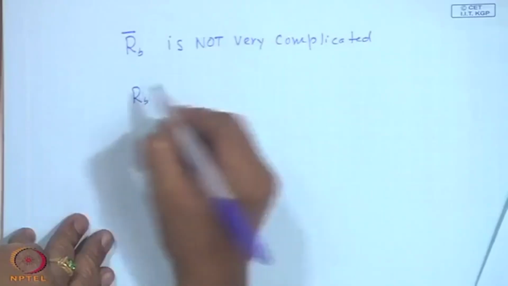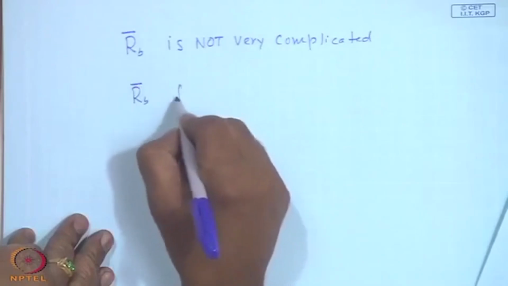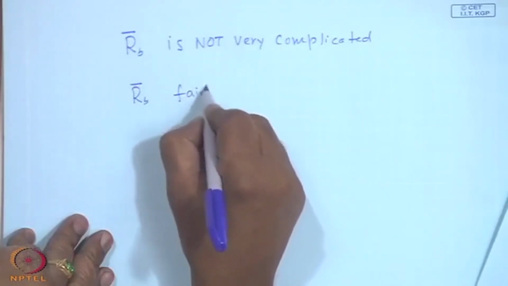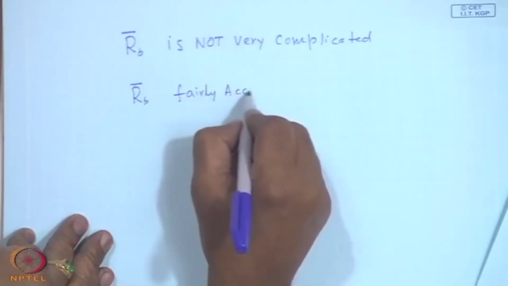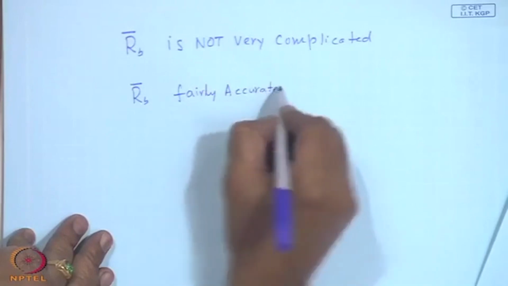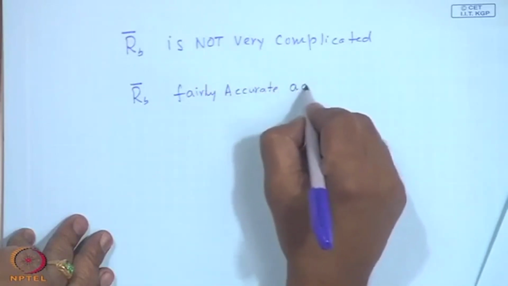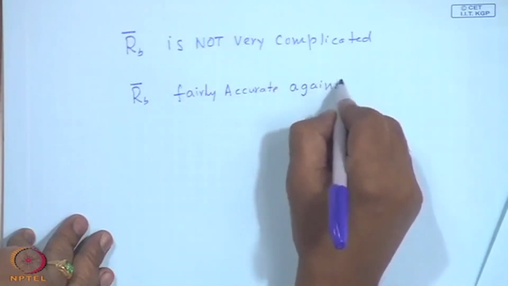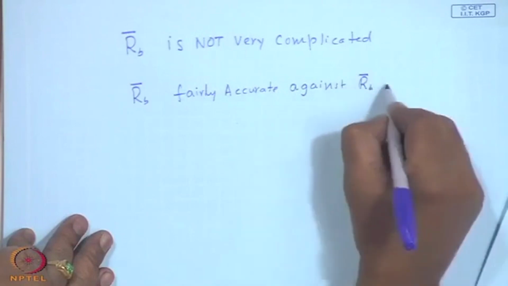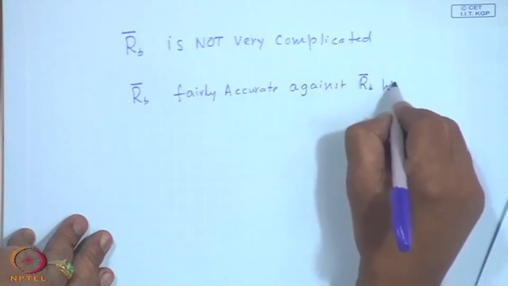And this RB bar is fairly accurate against RB bar with data.